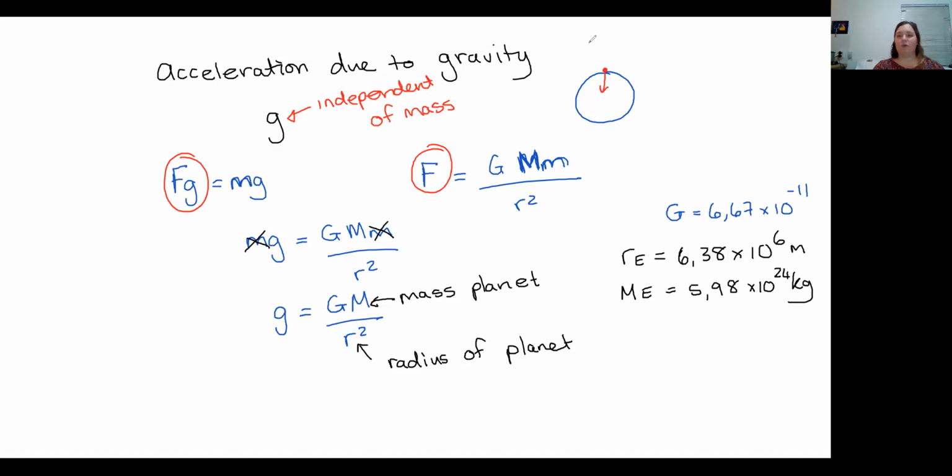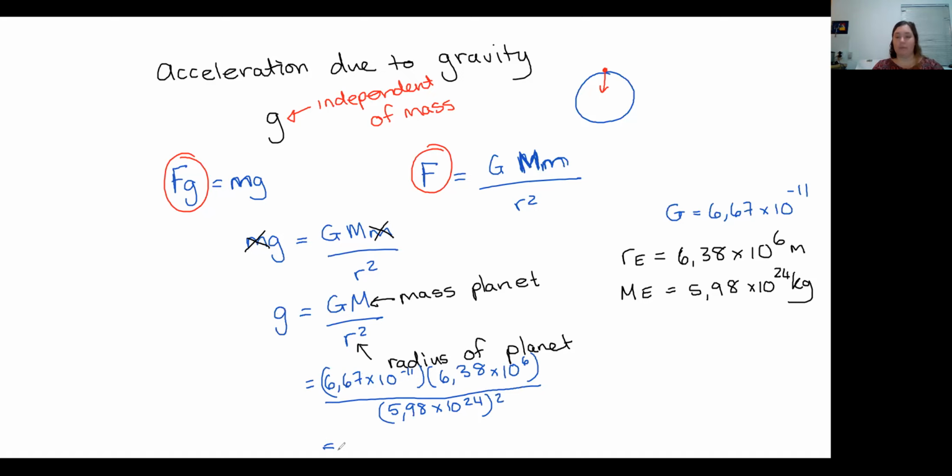Using these, I'm going to quickly substitute them in and show that we should get a value of g relatively close to 9.81. So I have 6.67 times 10 to the minus 11, and I put in the mass of the Earth, and I divide it by the radius of the Earth. Please don't forget to square it.